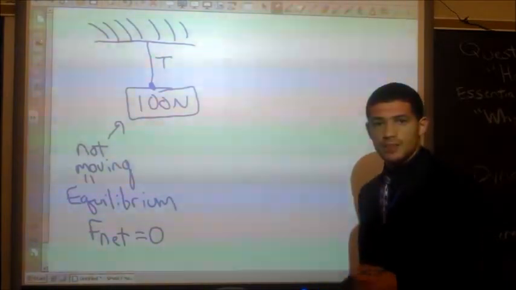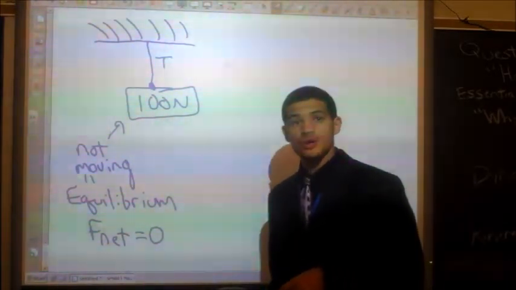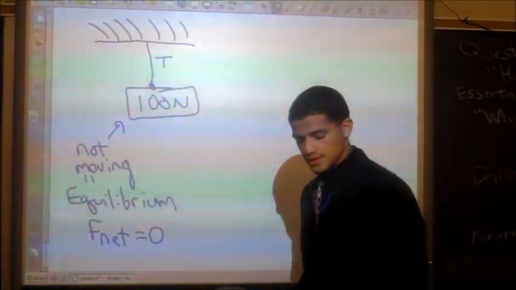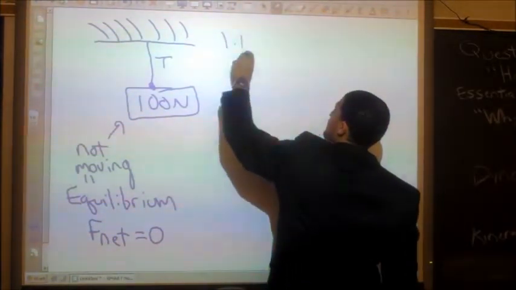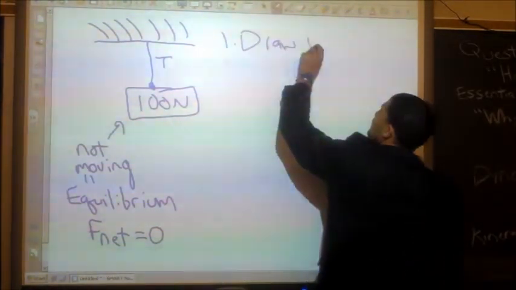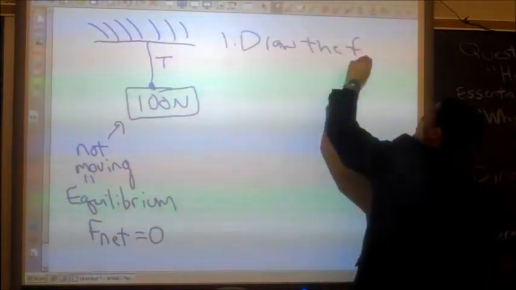There's a 3 or 4 step process that I would like you to write down in your notes when trying to solve problems like these. Step one is draw the free body diagram.